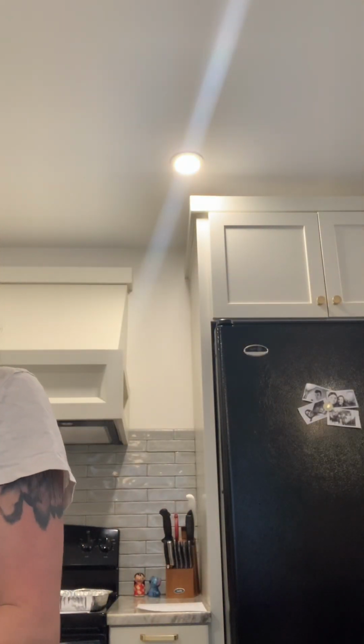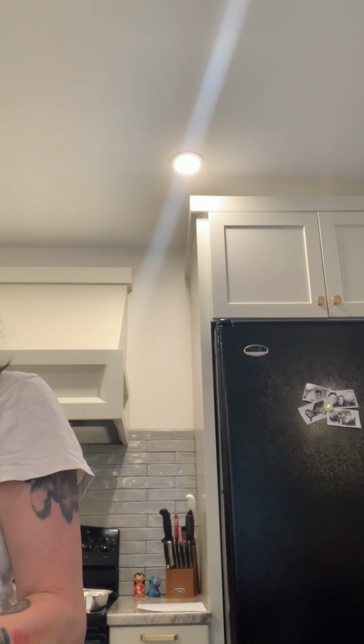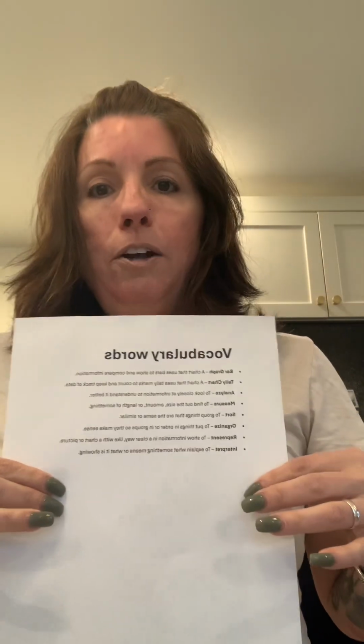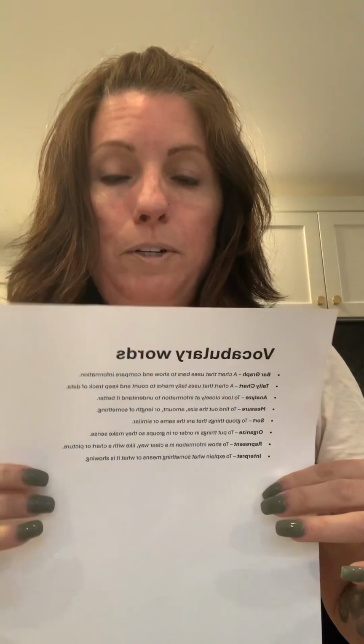In order to do that, I want to go over just a couple of vocabulary words that I have printed out for you. Each of you, there are 30 students in the class, has a vocabulary list on your desk of key important words that you need to learn in order to move forward in this lesson.